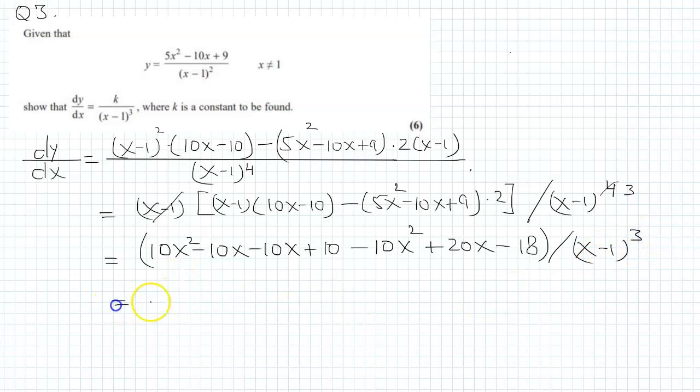So that is equal to 10x² − 10x², then −10x is 20x, and this is +20x, cancel. 10 − 18 is −8, over (x − 1)³.